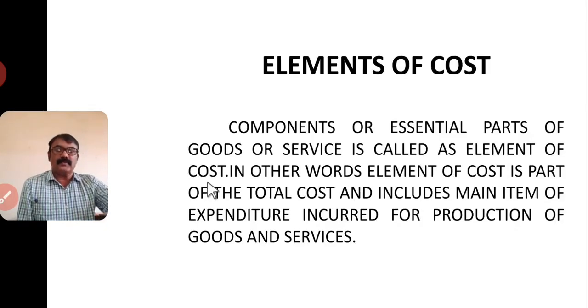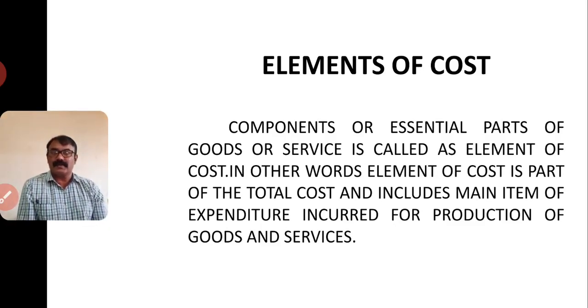And elements of cost, the third factor. A component or essential part of goods or services is called an element of cost. In other words, an element of cost is a part of the total cost.